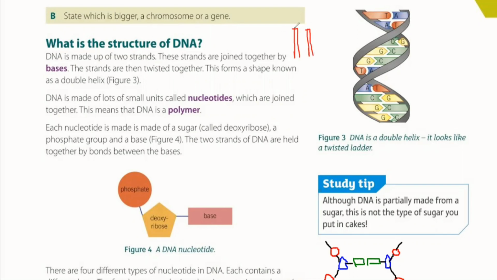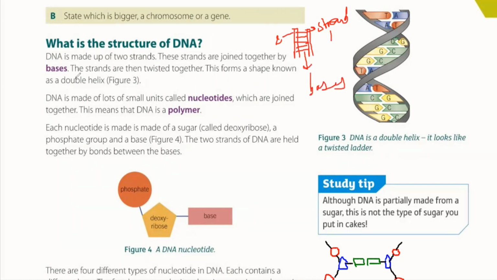It is made up of two strands which are joined together with the bases, like this. This is strand one, this is strand two, and these are joined together with the bases. I hope this is clear to you.